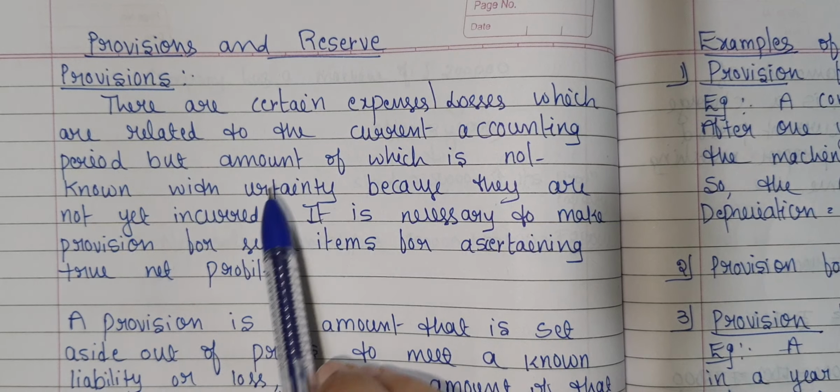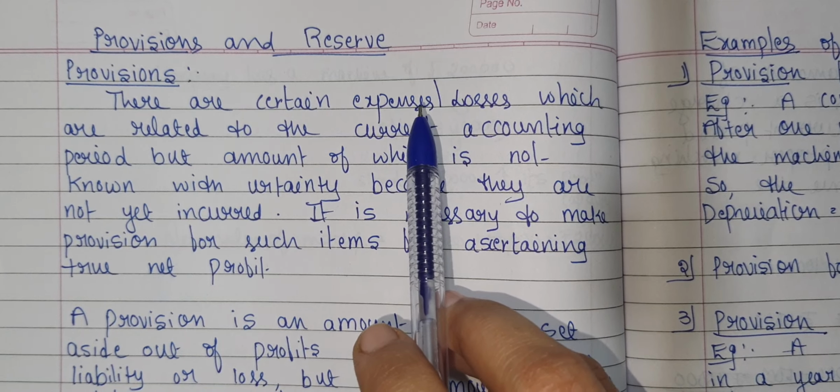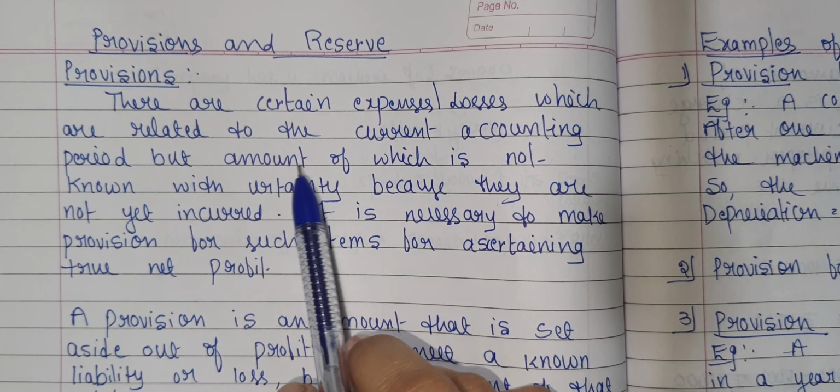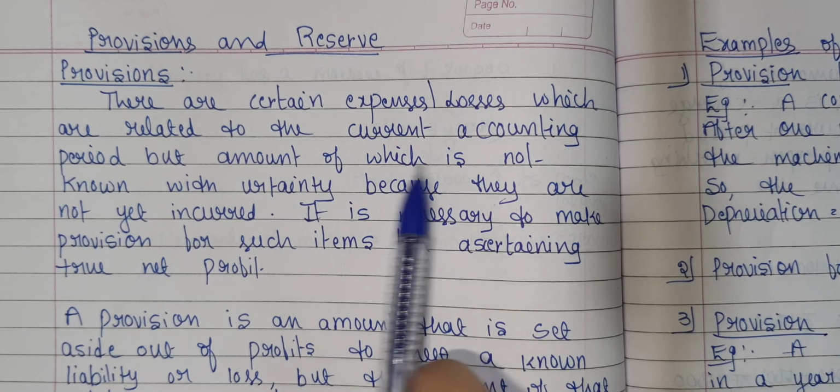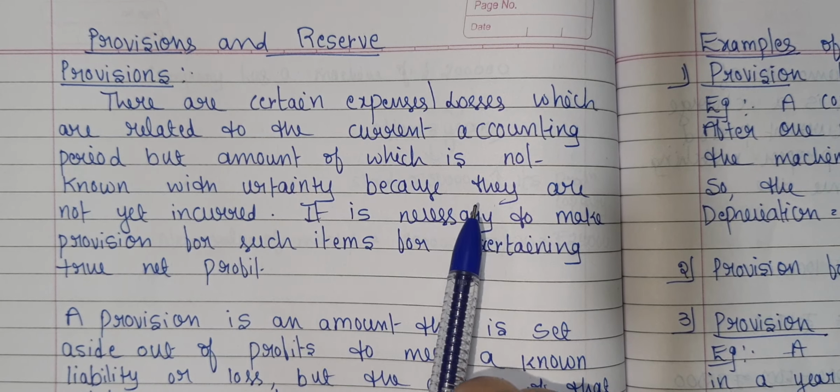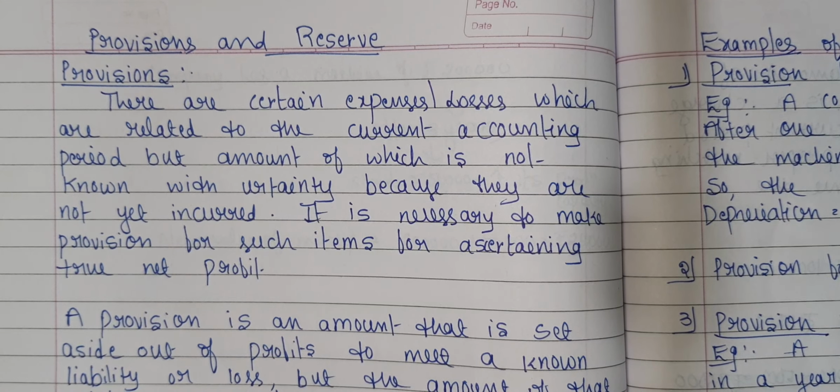See, there are certain expenses or losses which are related to the current accounting period, but the amount of which is not known with certainty because they are not yet incurred.